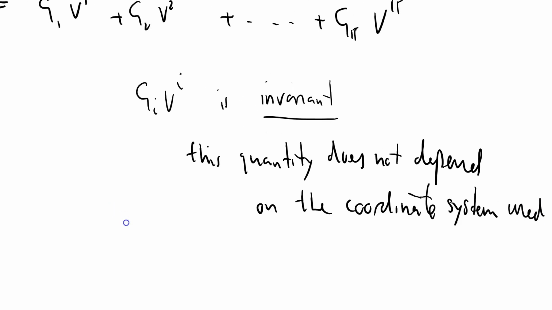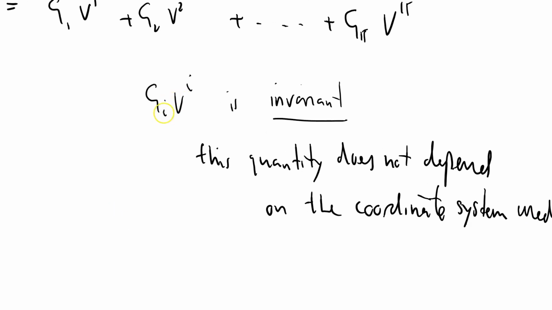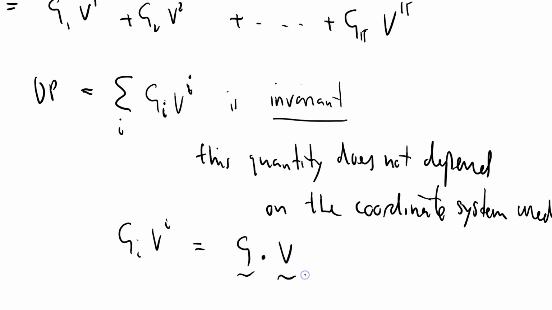Isn't that wonderful? GIVI, one subscript down, one subscript up, implicit summation over I. This thing here, the dot product, does not care what coordinate system you use to get those components, because it's equal in each case to the dot product of G as a vector in its own right, as an arbitrary vector, with V.